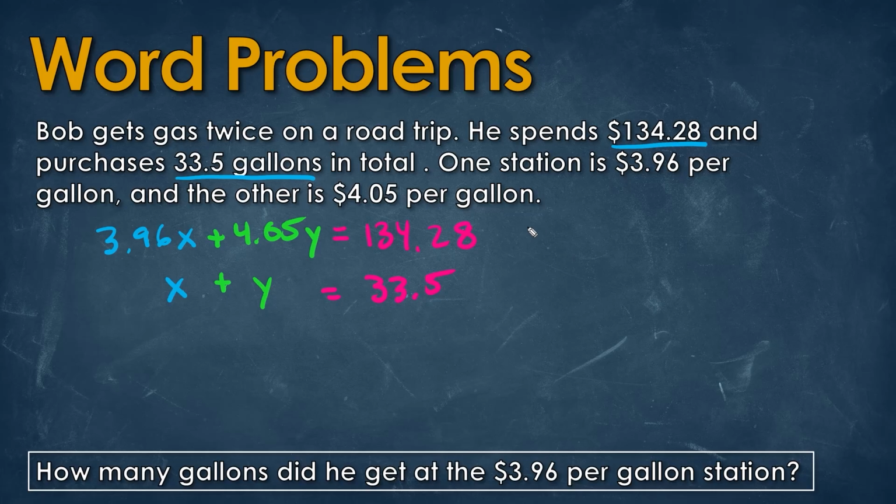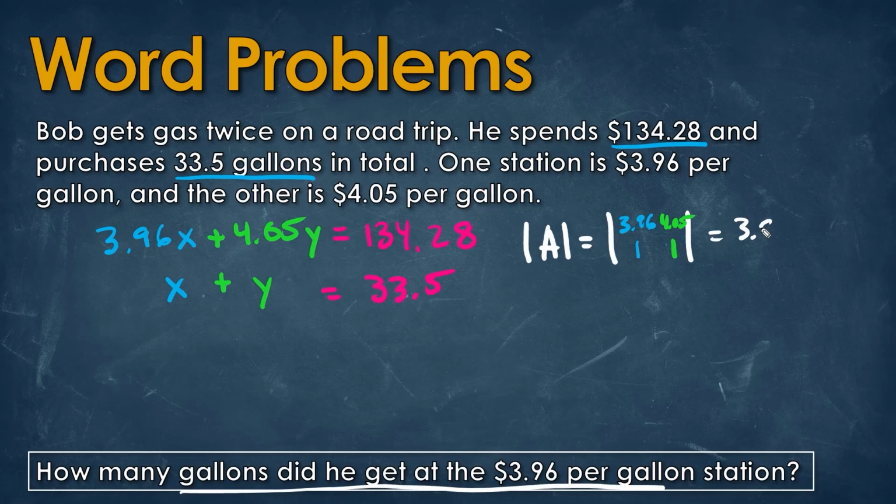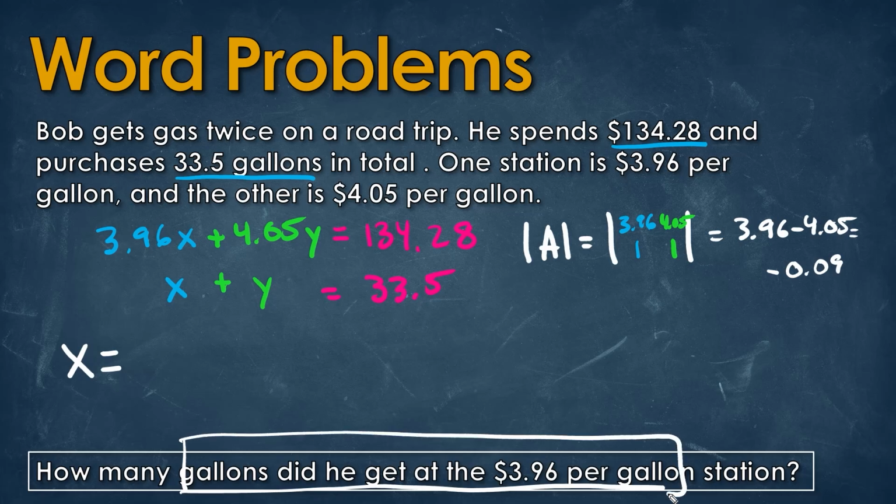With this information, we can solve using Cramer's rule to figure out how many gallons of gas he got at the first station. So our determinant will be 3.96 over 1 and 4.05 over 1, which will tell us we'll have 3.96 minus 4.05, and that's going to be equal to negative 0.09. Now for this, all we need to do is figure out the value of x, because we want to know how many gallons he got at that first station.